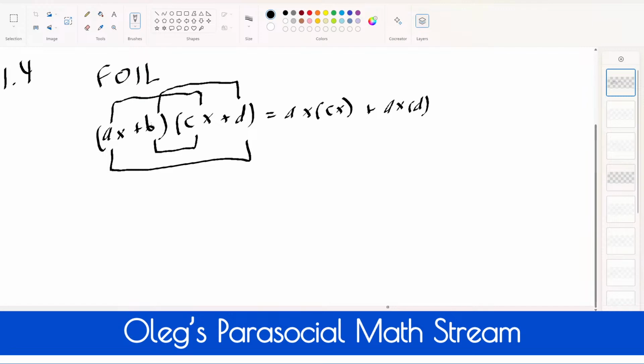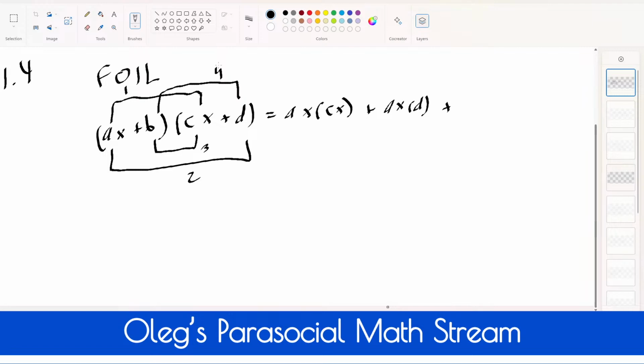And then we have b, which is going to be plus, then we have our last terms. No, sorry, then we have our inner terms. So we have 1, then we have 2, then 3, and then 4. That's how it's doing this.